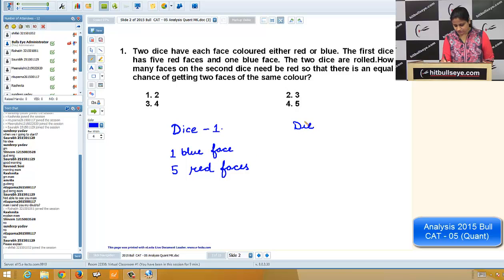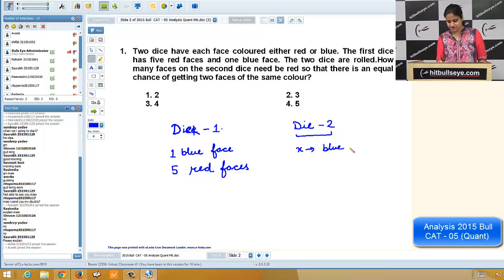Now the die 2. In total we know that in a die there are 6 faces. We don't know the number of blue faces and red faces in die 2. So I am considering that suppose there are x blue faces. Then it will be 6 minus x red faces.